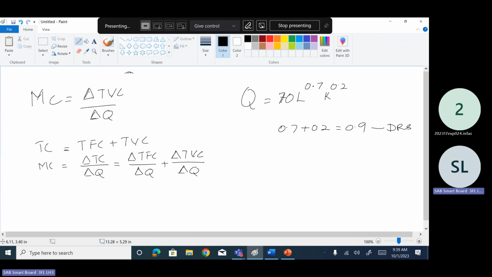That is zero, so this becomes zero. Plus change in TVC divided by delta Q equals the marginal cost. Therefore, marginal cost means delta TVC divided by delta Q.